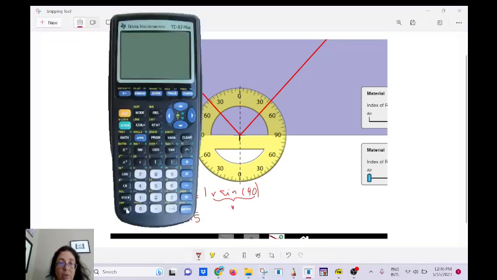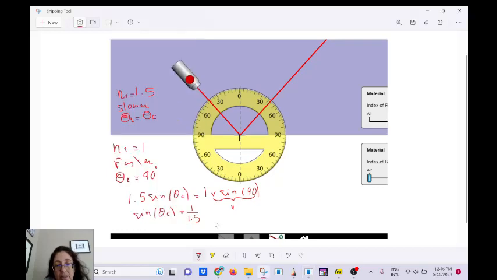Okay, so you go here, 1.5, take the reciprocal, and you take inverse sine. It's about 42 degrees, okay?